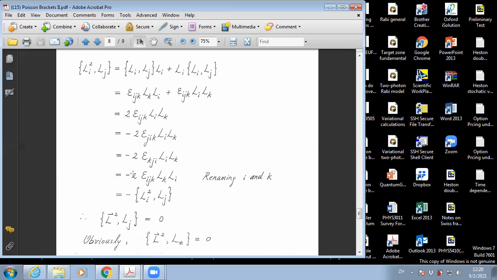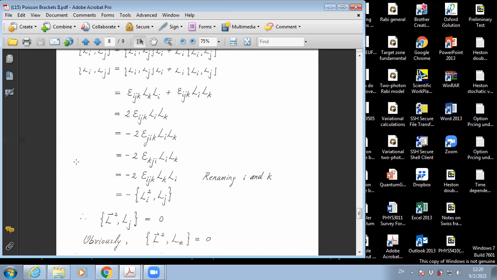Now this is exactly equal to the Poisson bracket itself with a minus sign in front, okay? So how can we get such a result? A quantity equal to minus itself must vanish automatically, right?